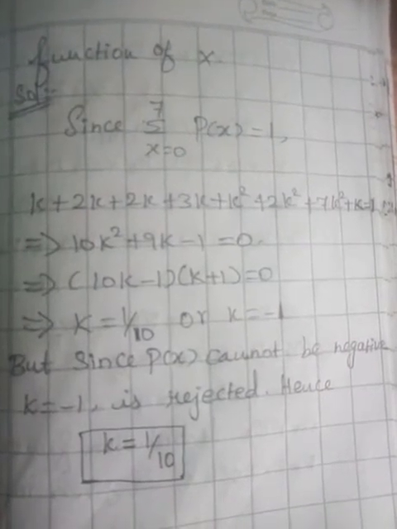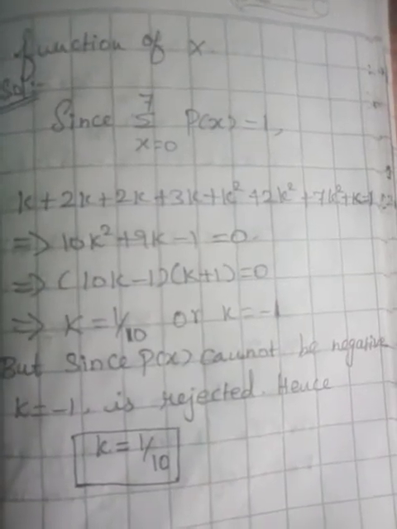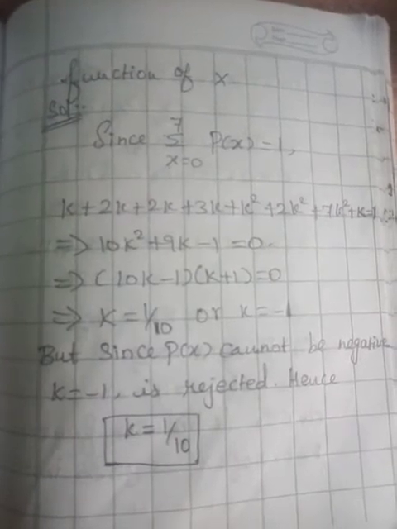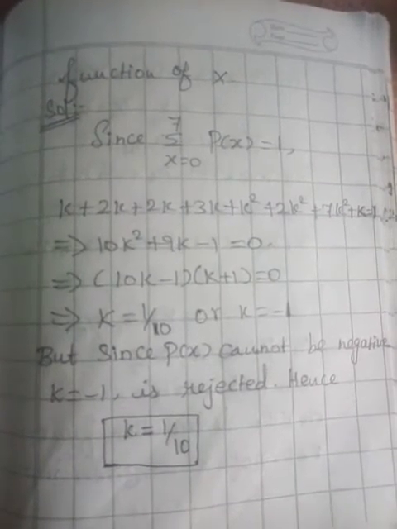Then factors are 10k minus 1 into k plus 1 equal to 0. So k equal to 1 by 10 or k equal to minus 1. But since P of x cannot be negative, k equal to minus 1 is rejected. Hence, k equal to 1 by 10.